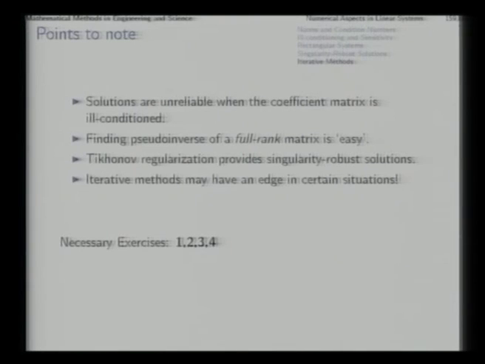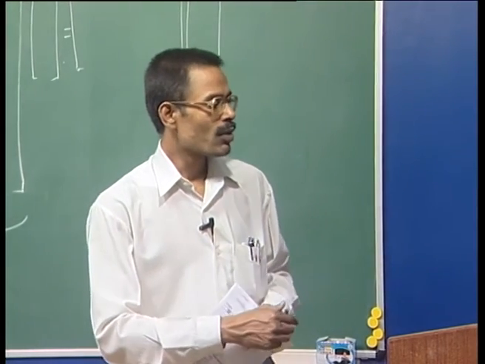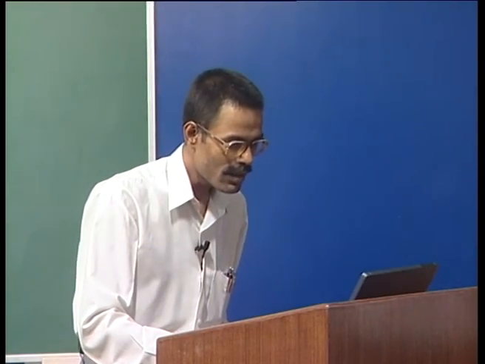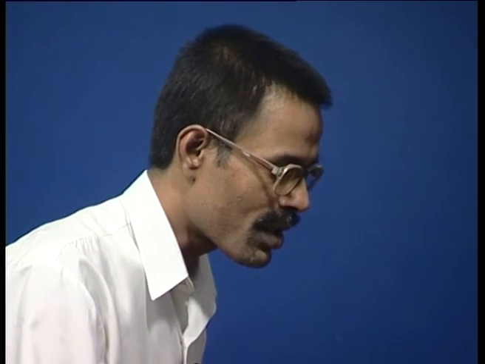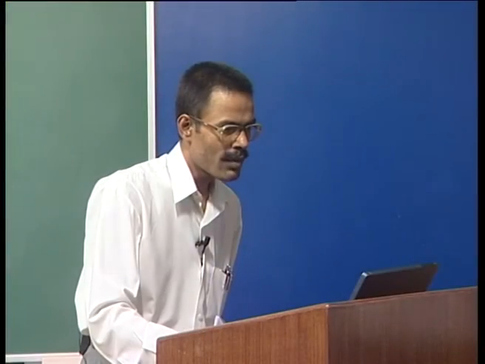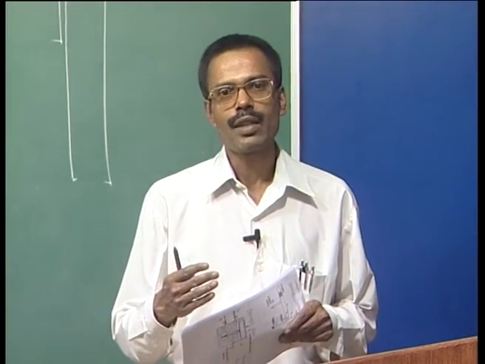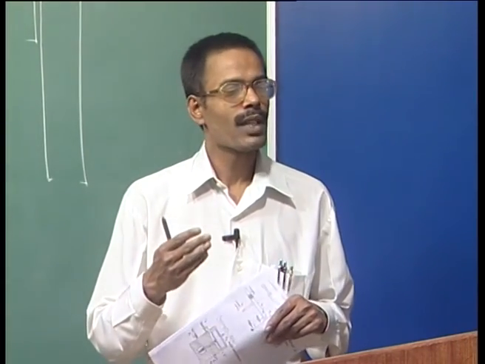And finally, we have seen the iterative methods which may have an edge in certain situations where good approximations are available. Now, I will take you briefly to the original contents of this course. In these few lectures that we have covered till now, we have covered these lessons, which completes one module of our course, that is the module of systems of linear equations.